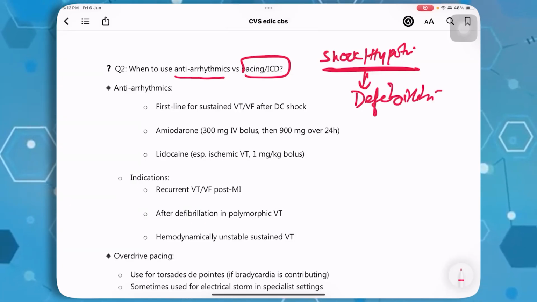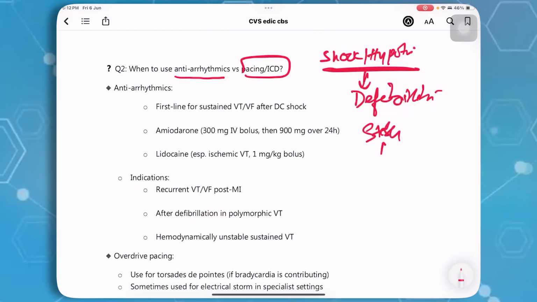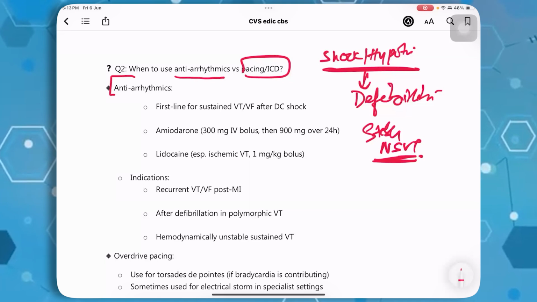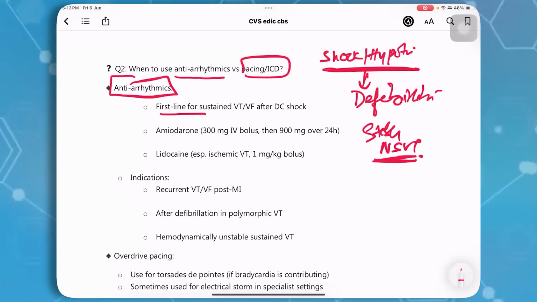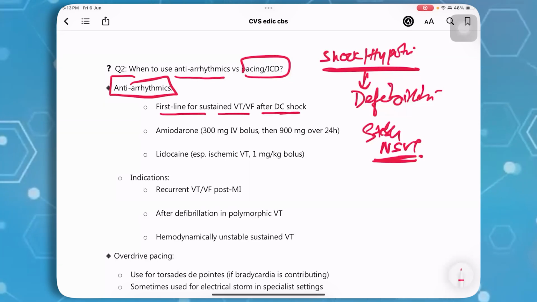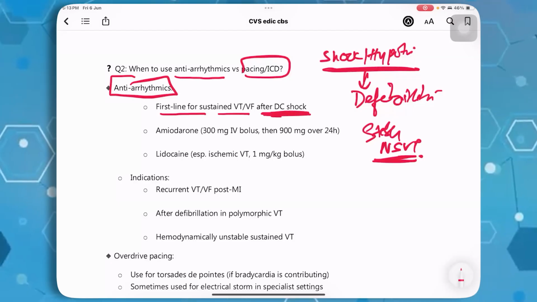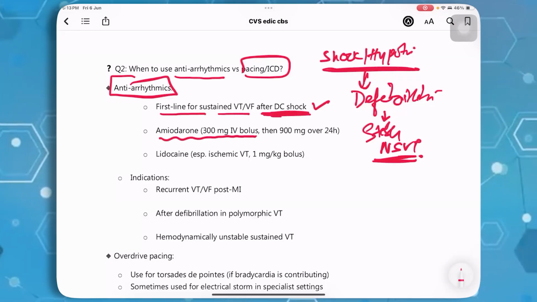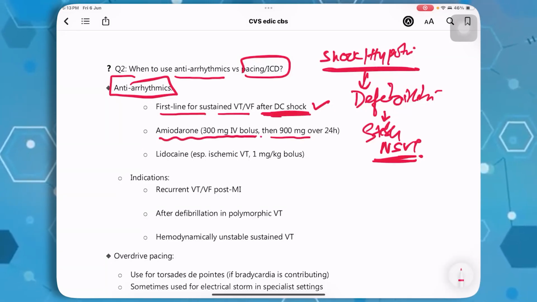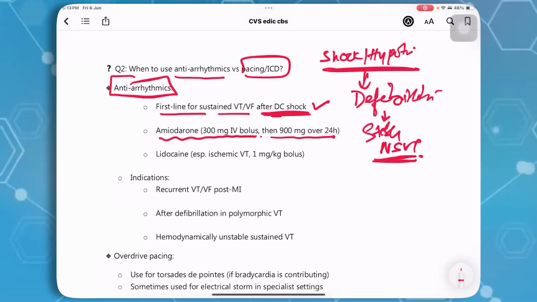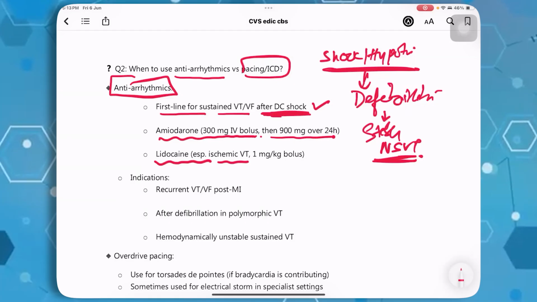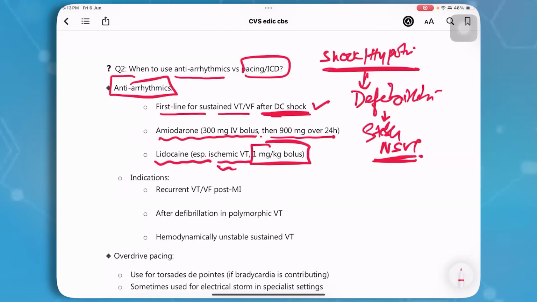If the patient has a stable or non-sustained VT, then you can use antiarrhythmics. So first line for sustained VT/VF is after the DC shock. Once you have given the DC shock, then you should give antiarrhythmics. What antiarrhythmics? Amiodarone is the drug of choice. 300 milligram IV bolus, then 900 milligram over 24 hours. If amiodarone is not available, then lidocaine, especially ischemic VT, 1 milligram per kg bolus.